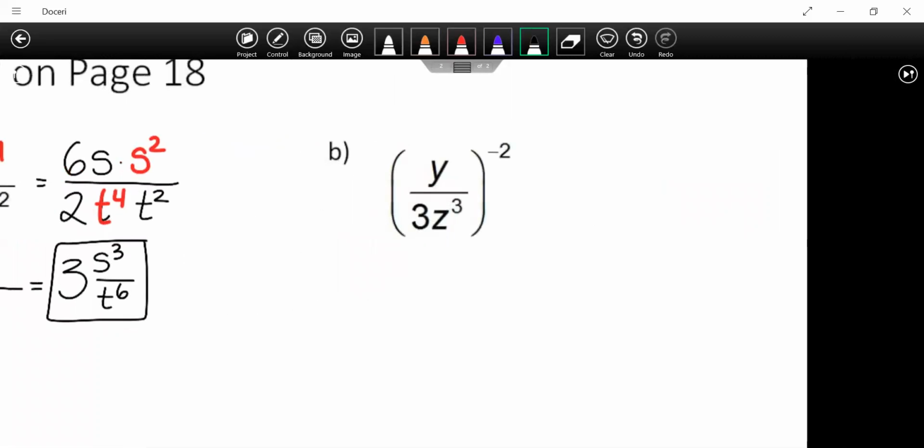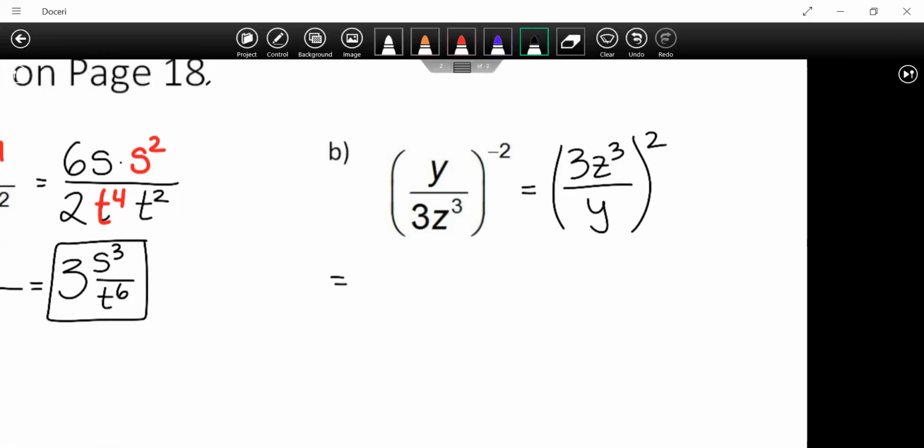Next one, we have a fraction raised to a negative exponent. So what do we do with that one first? I would do something different before we did that. Switch it, right? Reciprocal it. So 3z to the 3rd over y, and then we're going to raise it to the 2nd power. Now we have it raised to the 2nd power, so therefore we can do what?